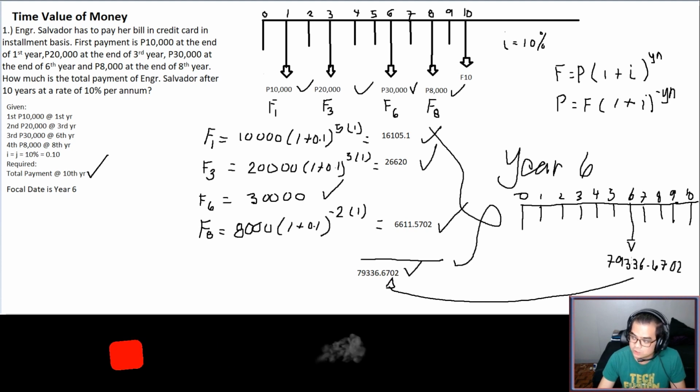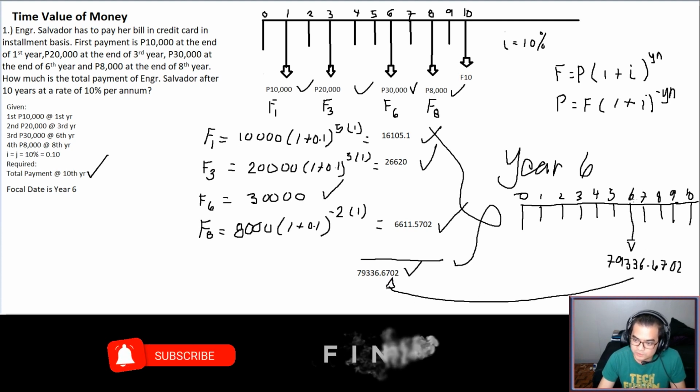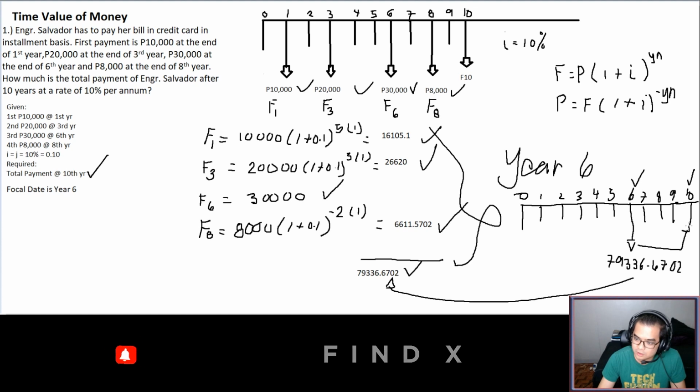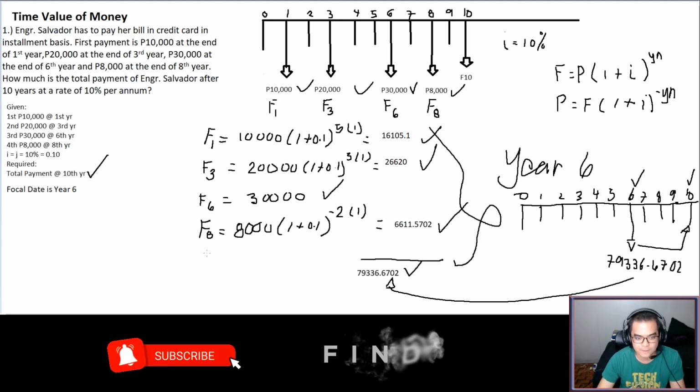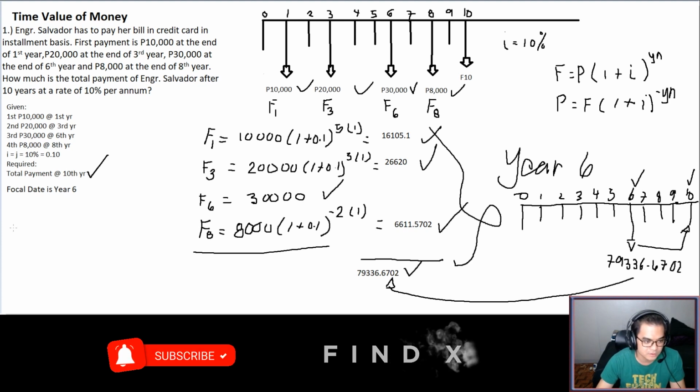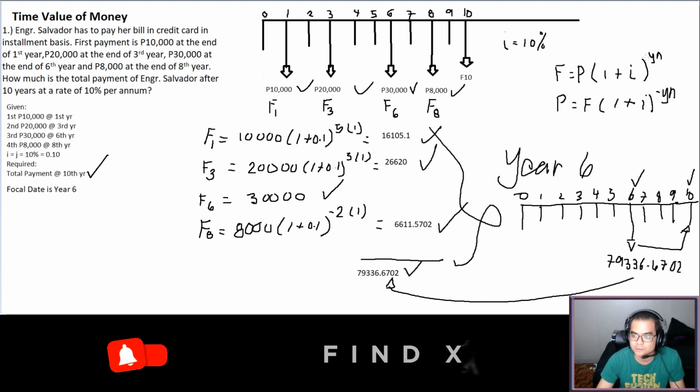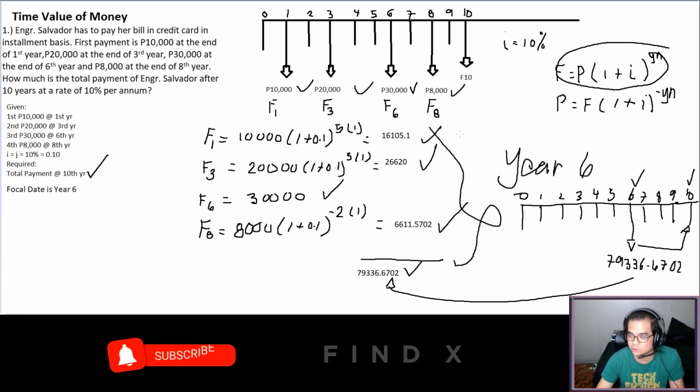But we are looking for year 10. Therefore, since this is at the 6th year, we have to bring this value into the 10th year. So we will again apply this formula. Your exponent must be positive.